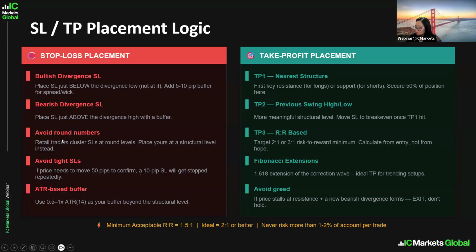And then avoid round numbers, especially for gold, like 4,800 or 5,000. You shouldn't put a stop loss exactly at the round number; add a few pips above.